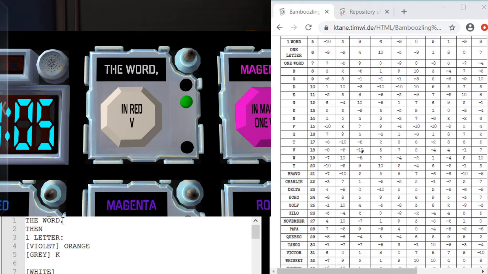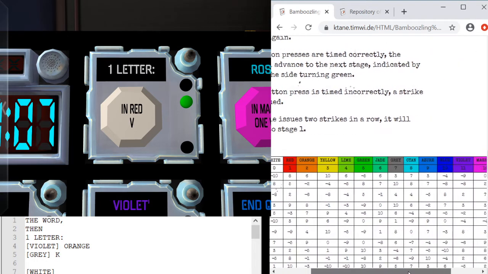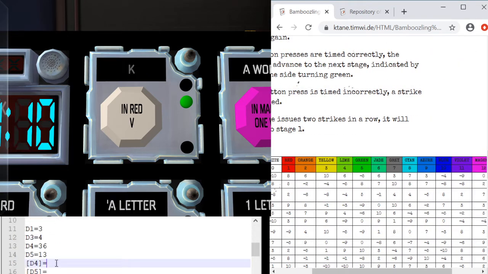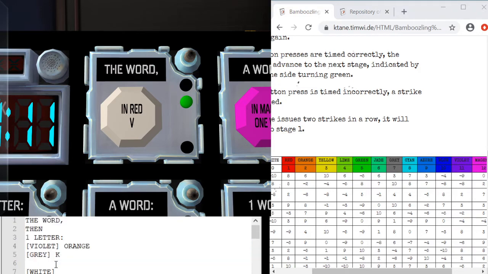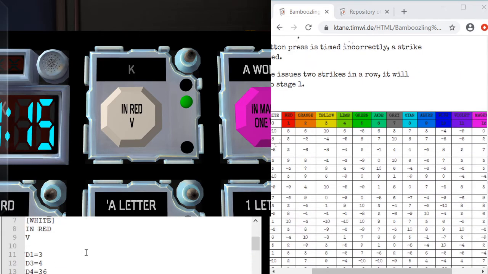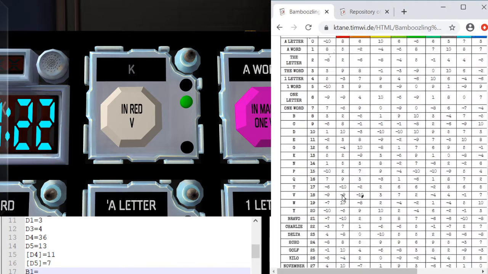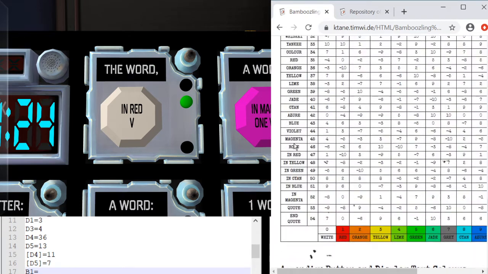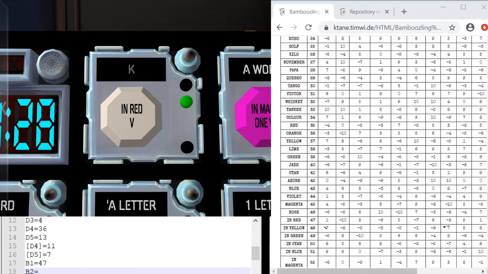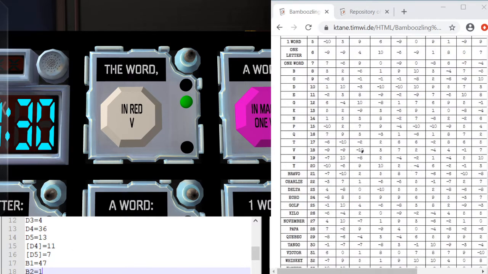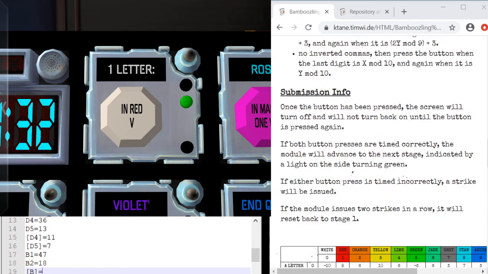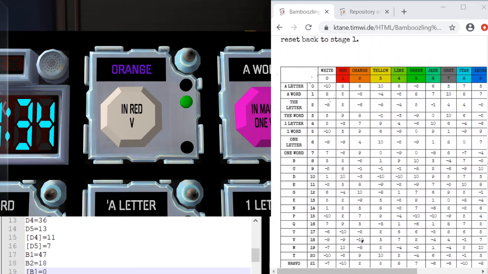The color is violet for D4, which makes it 11. And the color for the fifth line of text is gray, which makes this one 7. The first line of text on the button says in red, which is 47. And it also says V, which is 18. The color is white. White is just 0.